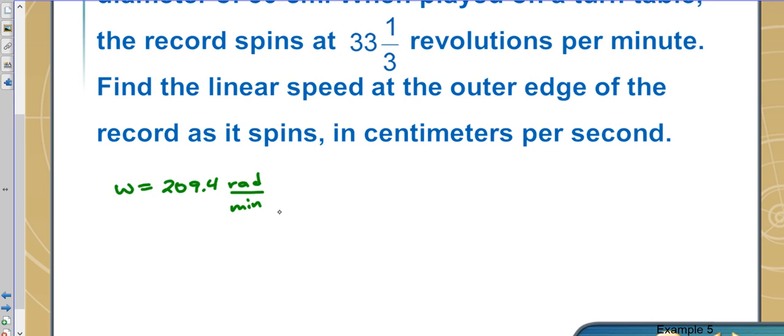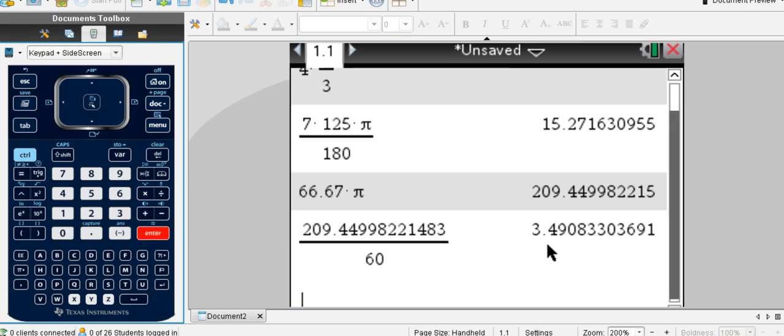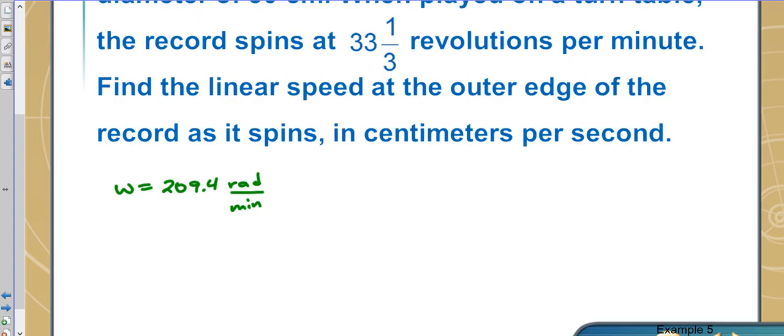So I divide this by 60, and I get 3.49 radians per second, or about 3.5 radians per second. Because in 1 minute, there are 60 seconds, that's why I divided it by 60, because those would cancel out. And so now that's what the value is per second.